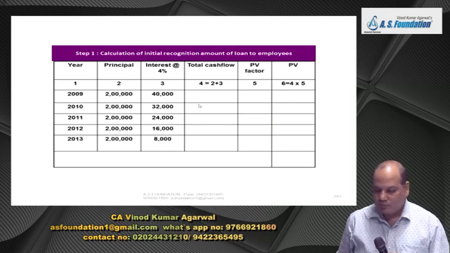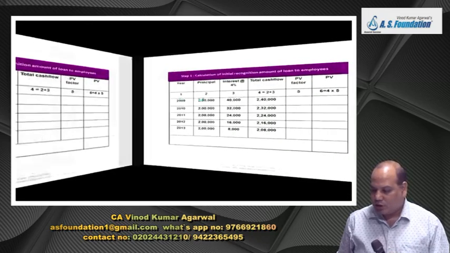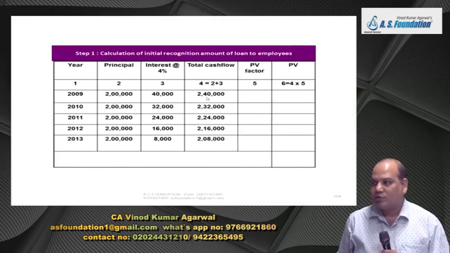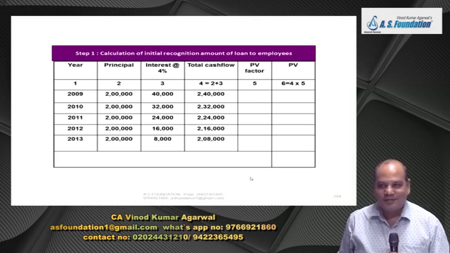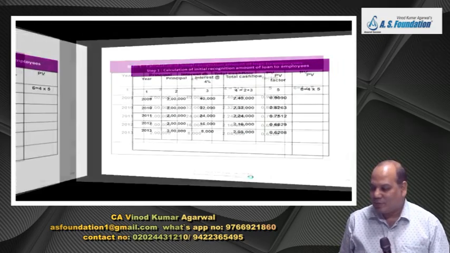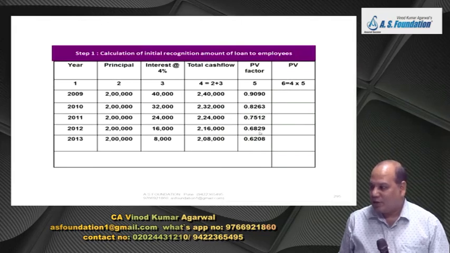Now take total. Without calculator, try today. 2 lakh plus 40,000, 2 lakh 40,000, 2 lakh 32,000, 2 lakh 24,000, 2 lakh 16,000, 2 lakh 8,000. Apply the factor given in the question. These are the factors given in the problem. Multiply, take total. Use calculator, equal to memory plus, equal to memory plus.